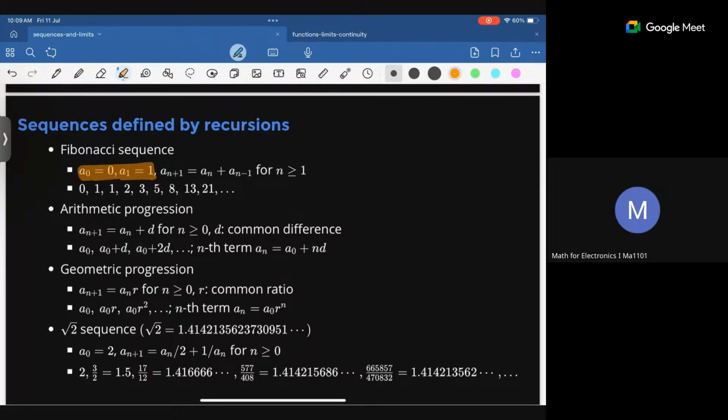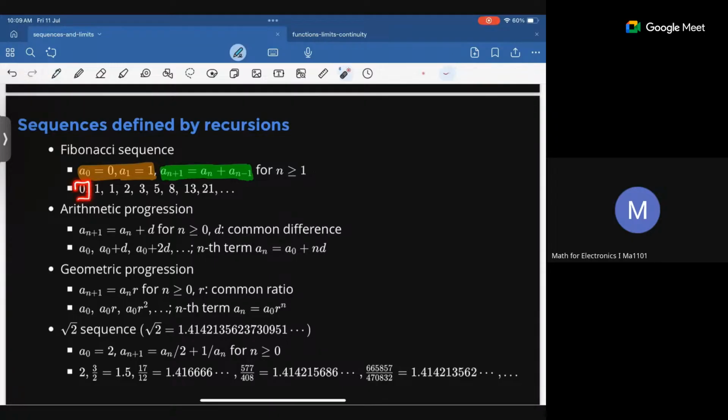So there is a relation given to us which connects the current term and the previous terms. These sequences depend on their previous terms. If I write this sequence explicitly, this is how it will look.